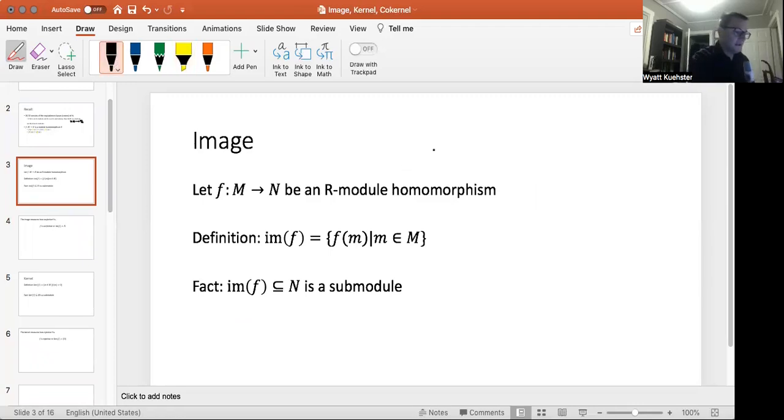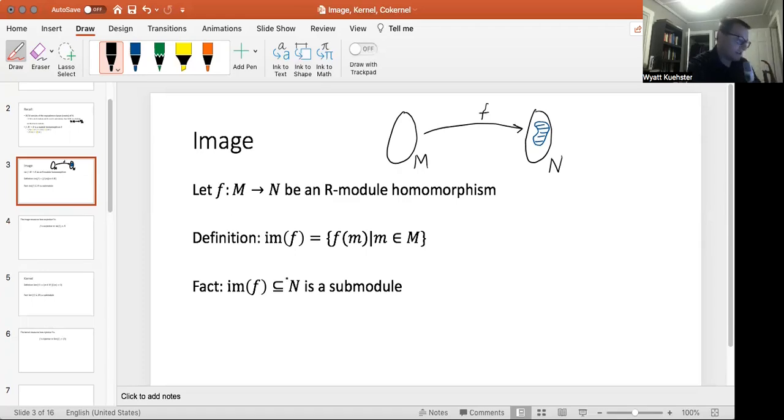So if you have a function just of sets, like if I just think of M and N as being sets, then the range is all of the things that are hit by the map. So it's some subset of N that consists of all the things that f actually hits, and it might be smaller than N. But here's a picture of my function f.